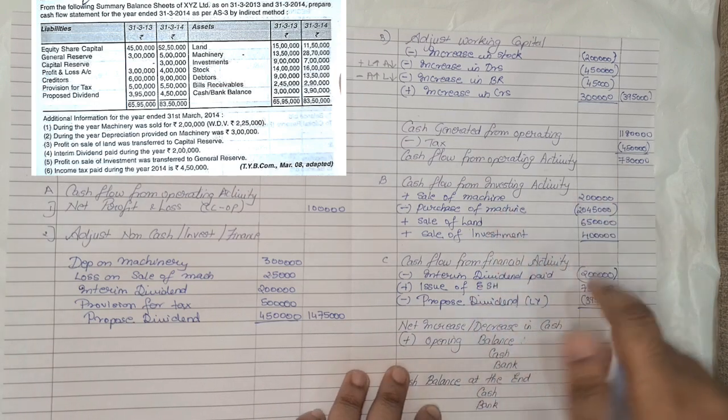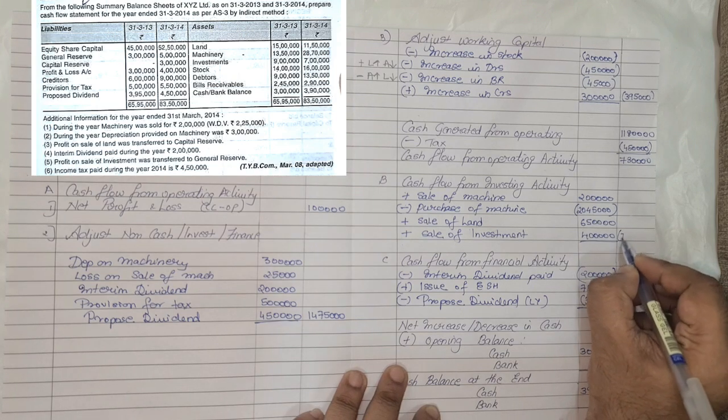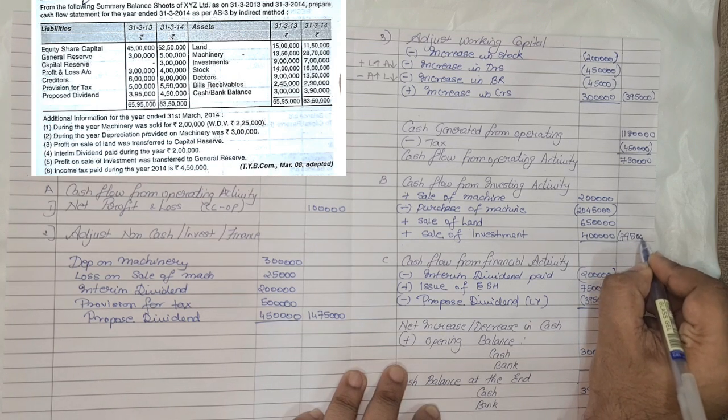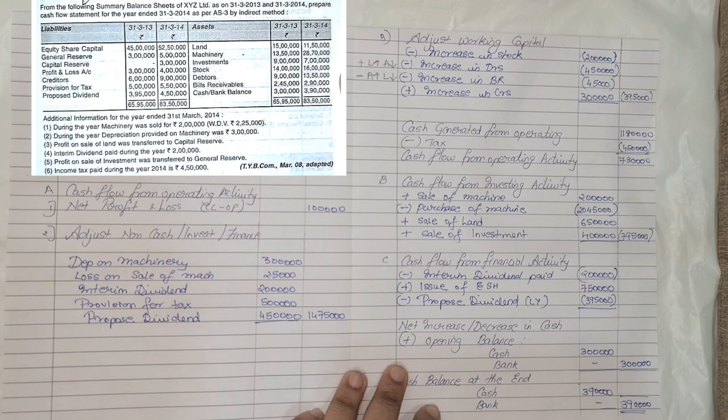Next, from investing it was positive 2 lakh plus 6 lakh 50,000 plus 4 lakh minus 20 lakh 45,000. So it comes to negative 7 lakh 95,000. Now from financing it was positive 7 lakh 50,000 minus 2 lakh minus 3 lakh 95,000.